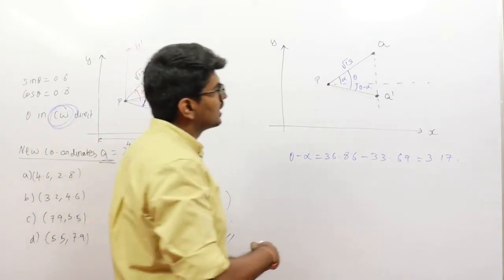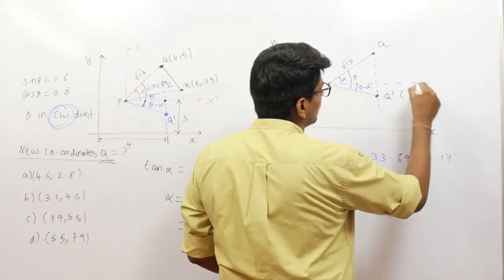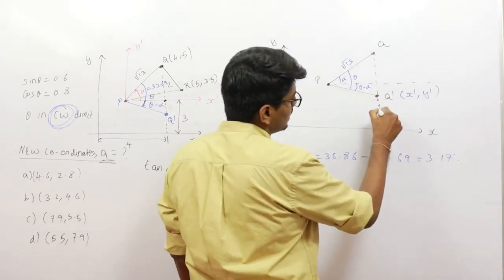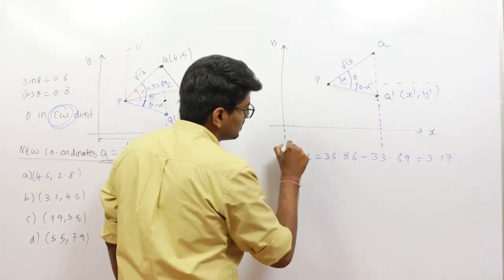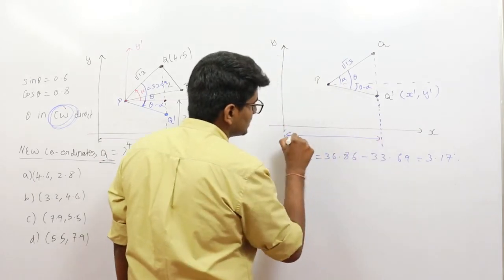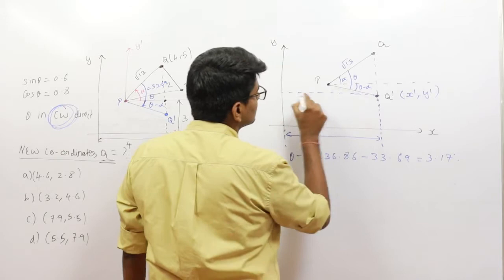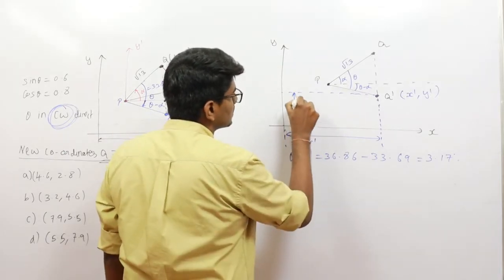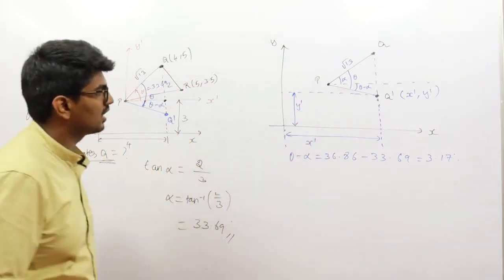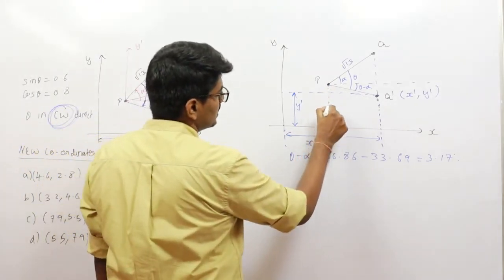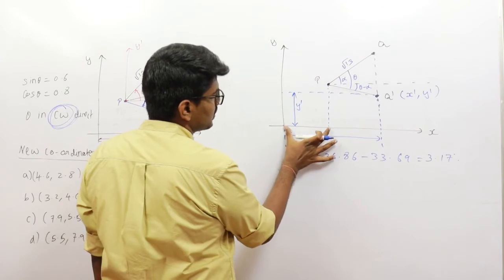Now how to find out this coordinate? Let me take it as x dash comma y dash. We need to find out the coordinates, which means this distance x dash and this distance y dash. How can I do that? Very simple. Listen, until this point, what is the distance?